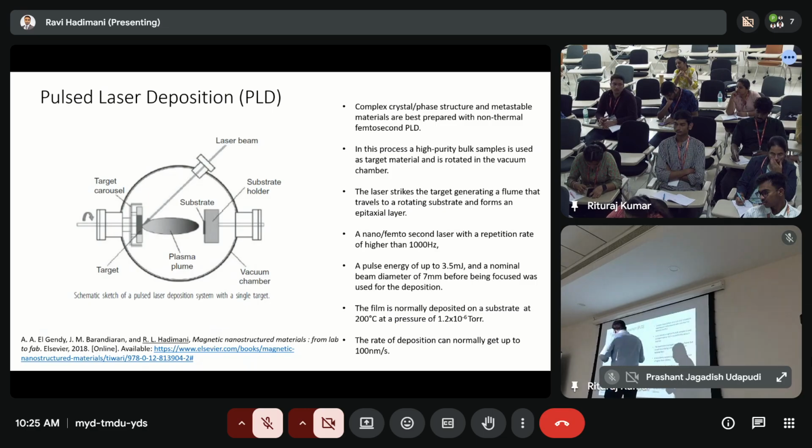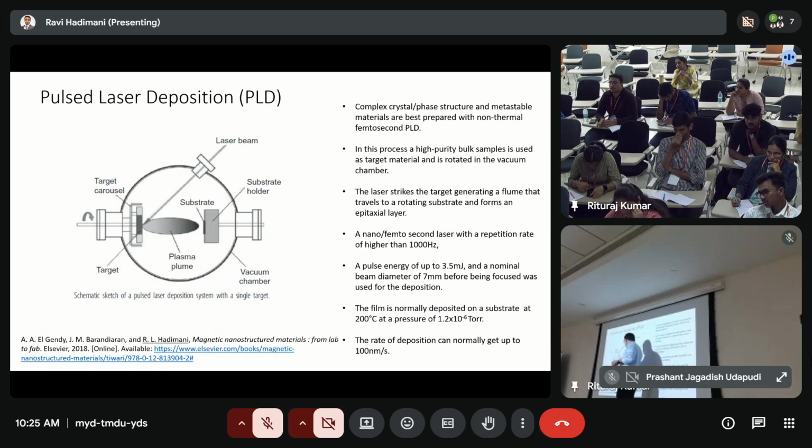Okay, so a laser, again, you have to maintain 10 to the power minus 6 torr vacuum. A laser goes through a glass window into the chamber, hits the target, and the target is what you want to deposit. It could be anything. It could be a compound, element, whatever it is.